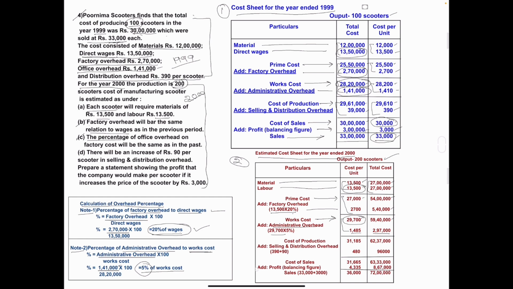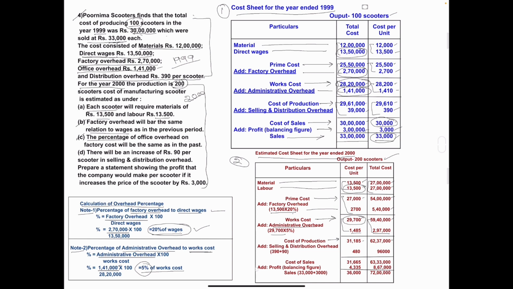Add these two: 29,700 plus 1,485 and the total is 31,185. Total cost column: 59,40,000 plus 2,97,000 and the total is 62,37,000. This is called cost of production.